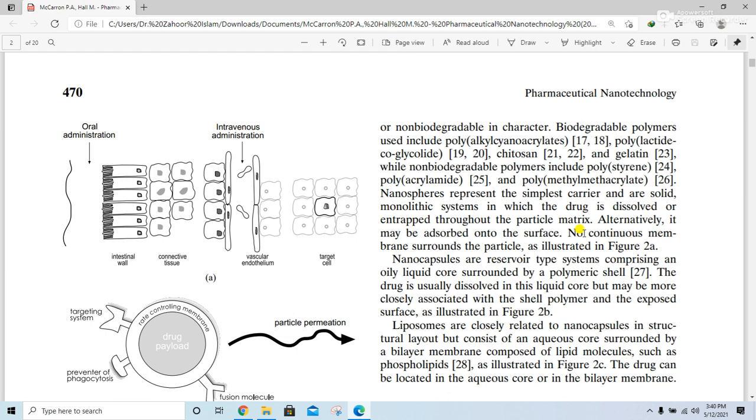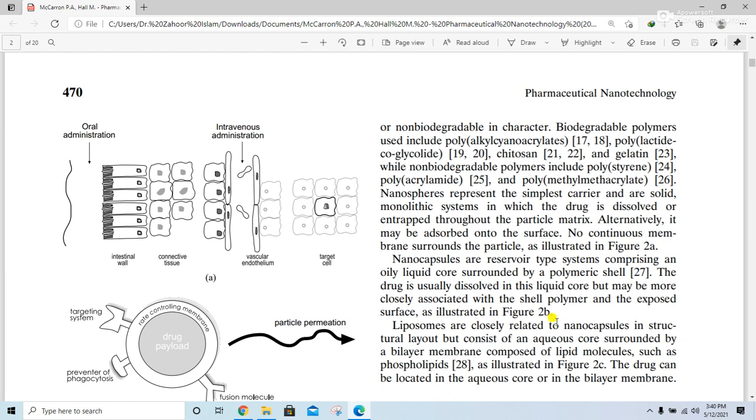Nanocapsules are a reservoir type system comprising a liquid core surrounded by a polymeric shell, and the drug is usually dissolved in this liquid core but may be more closely associated with the shell polymer and exposed surface, which is also shown in figure 2b.